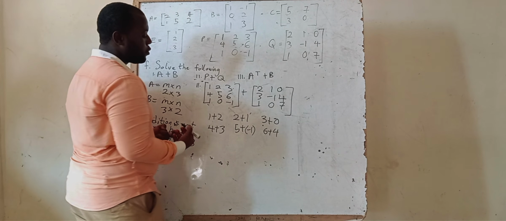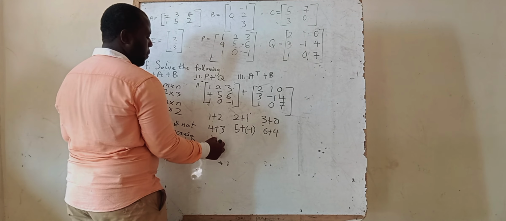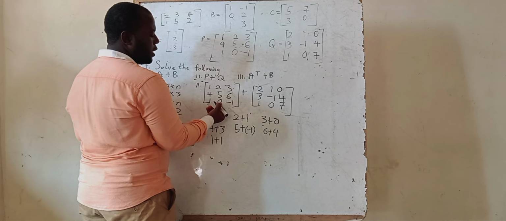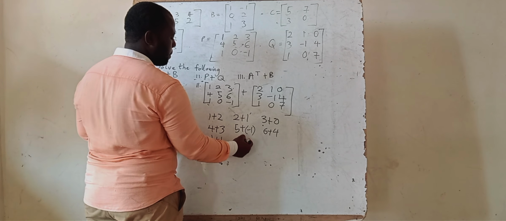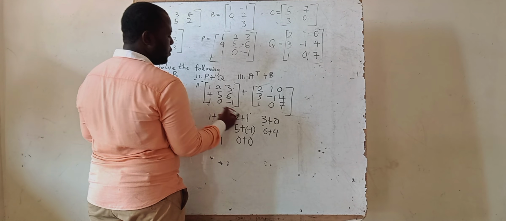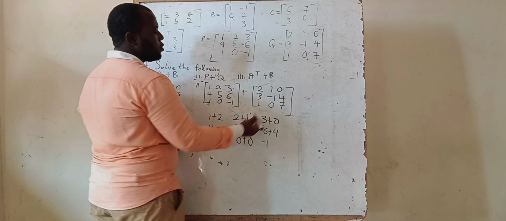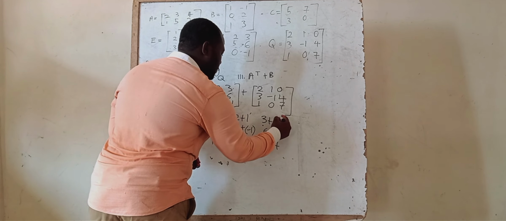You move on to the next row. You take one, add it to its corresponding number, which is one. You take zero, add it to its corresponding number, which is zero. You take negative one, then we add it to its corresponding number, which is seven.